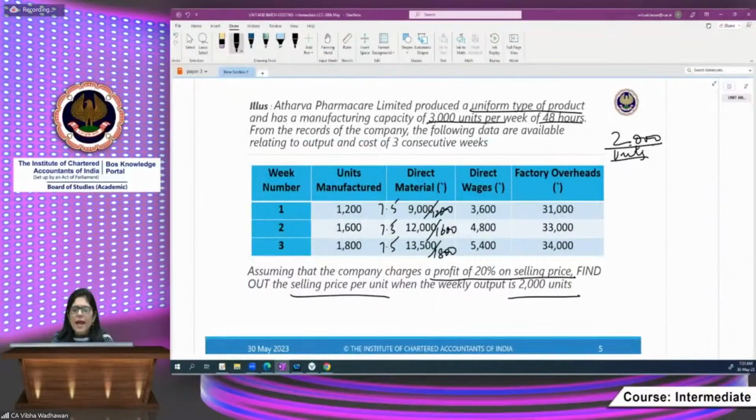Direct material cost and direct wages, in total, both are variable. And how do we find that they are variable? You calculate the per unit direct material cost. It's the same in all 3 options.